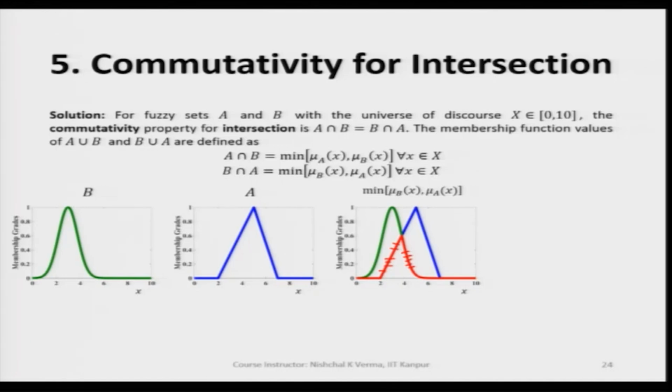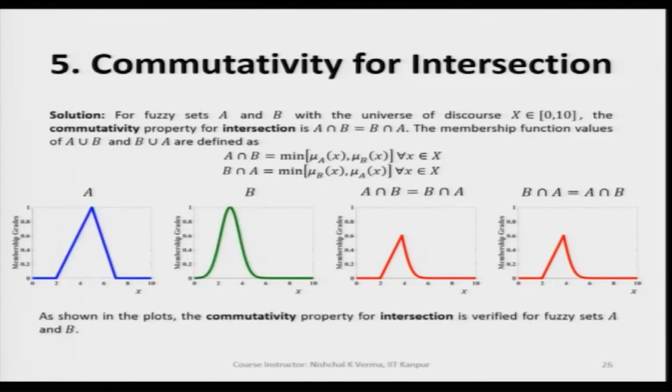So, B intersection A is going to be the same as A intersection B. This way we can say that the commutativity property for intersection is verified for fuzzy sets A and B.